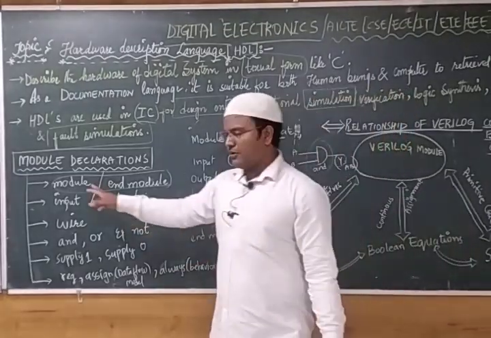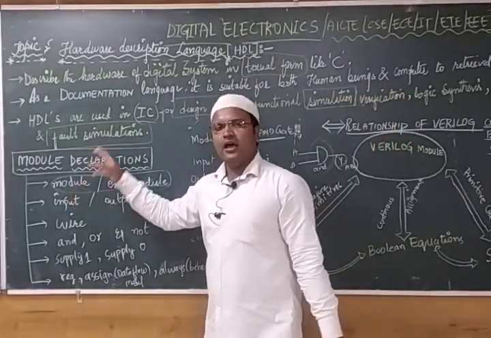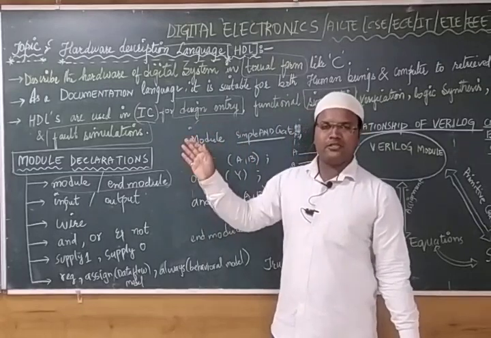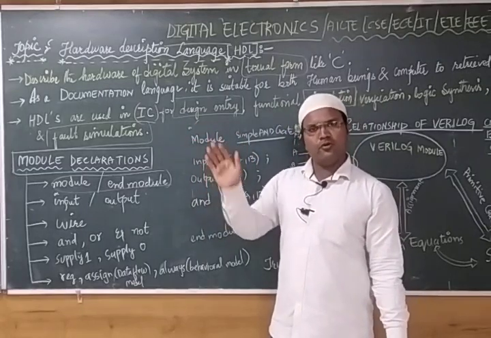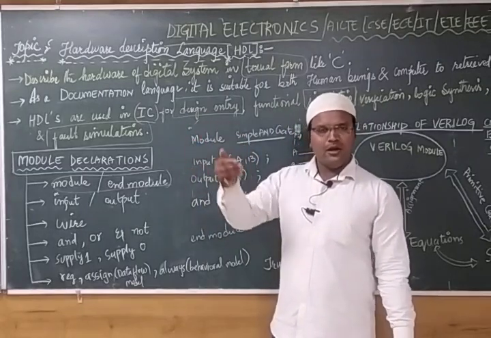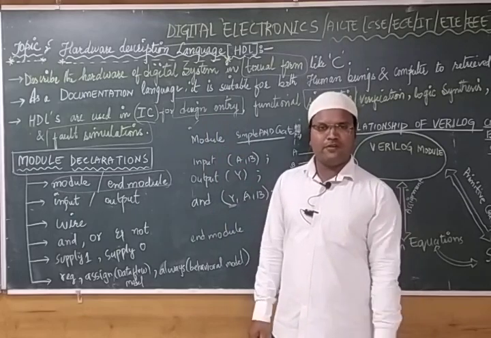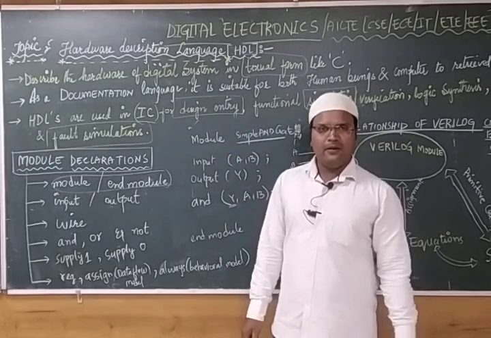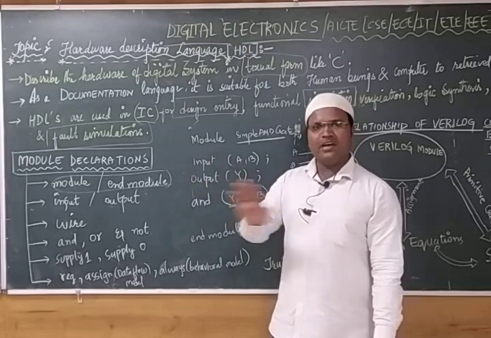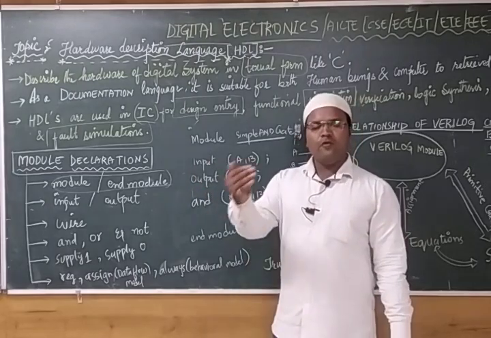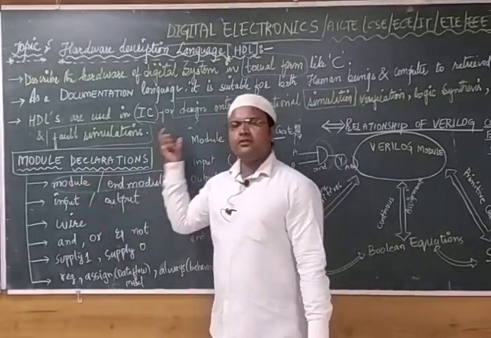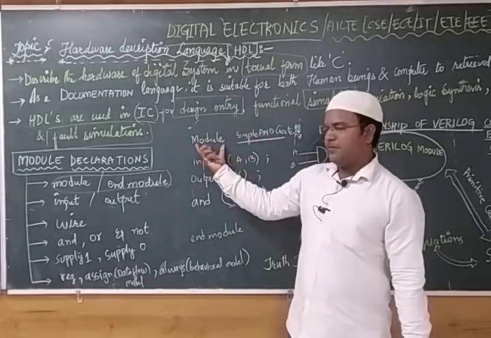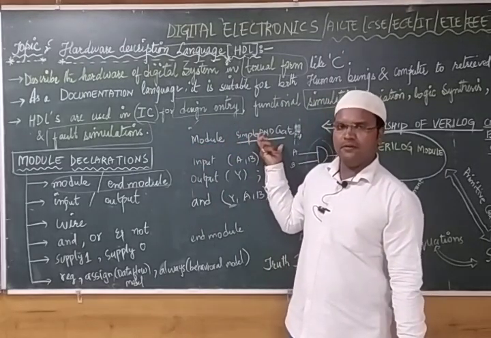The starting of the program, like in the C language, we write hash include, that indicates a particular library, stdio.h, conio.h, which indicates that our programming is going to start from there. Those are the header files, right? Over here in HDL, we don't have any header files. Directly, we start from the module and the name of the module. This is predefined, this is user defined.